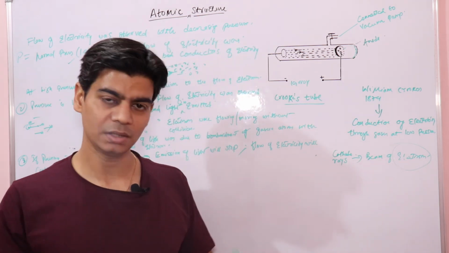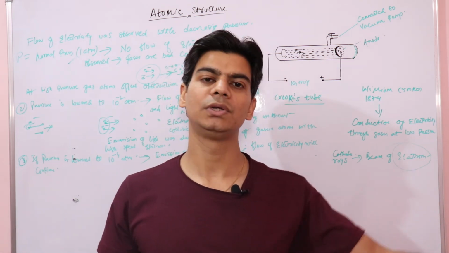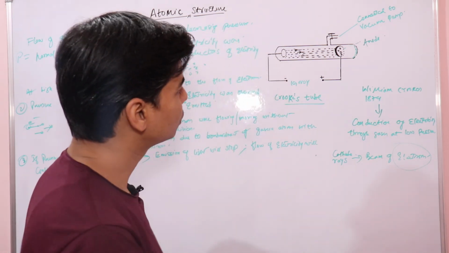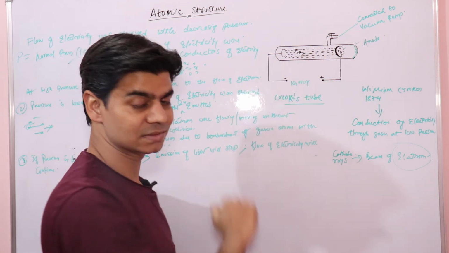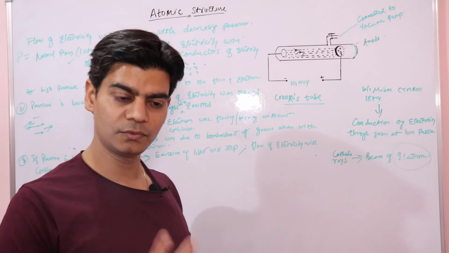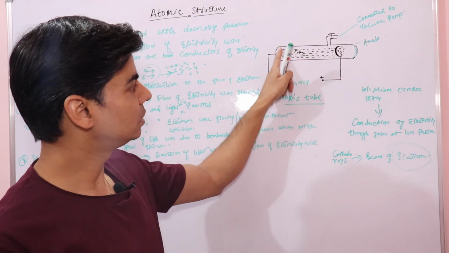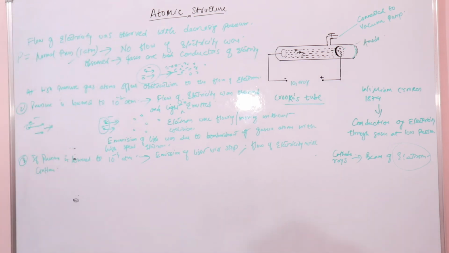They got excited and lost their electrons, which started moving towards the anode. So electrons from the gaseous atoms also started moving towards the anode. So we have electrons from two sources: one is the gaseous atoms and the other is the material of the cathode. This is the Crookes experiment.